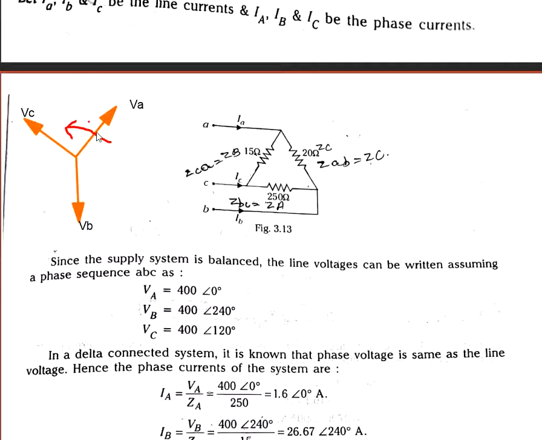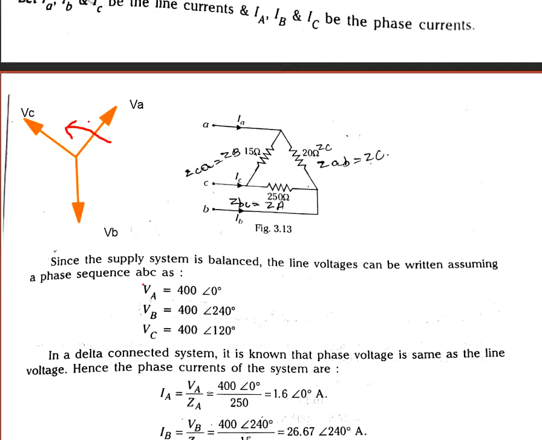So I can say VC equals a times VA. If I want to represent VB in terms of VA, it will be rotating 120 and another 120, so VB equals a square into VA.